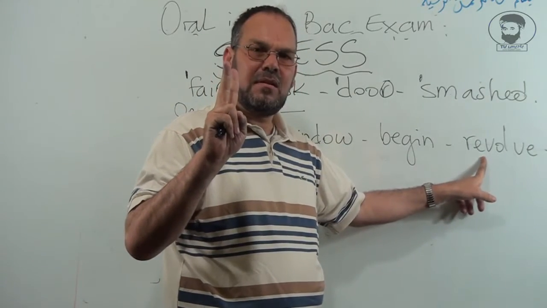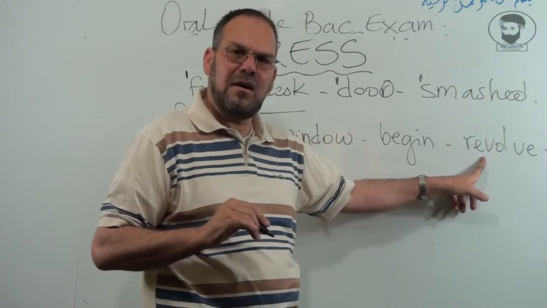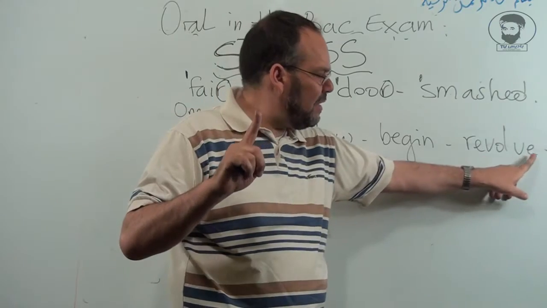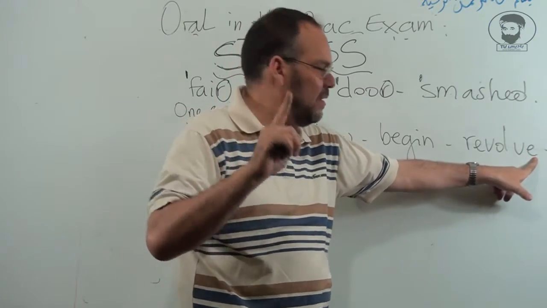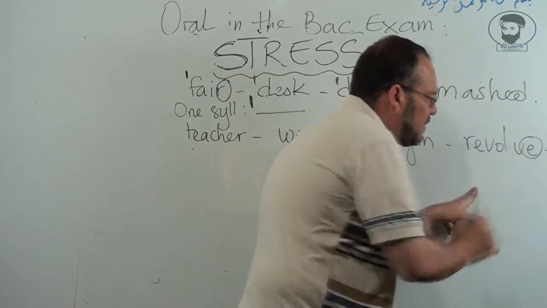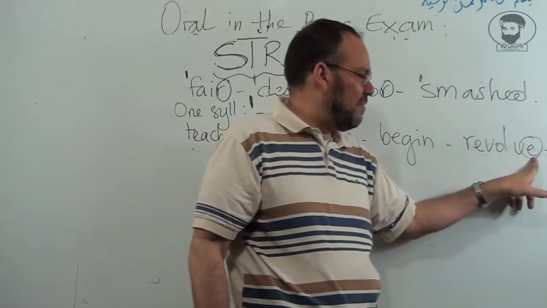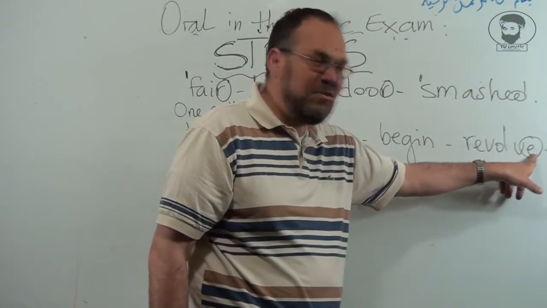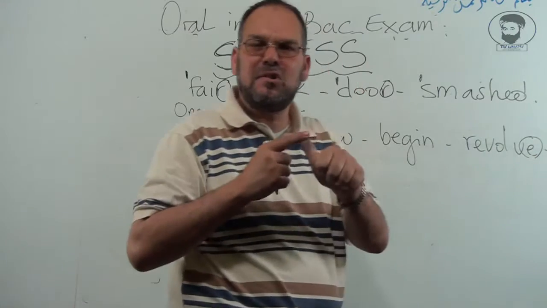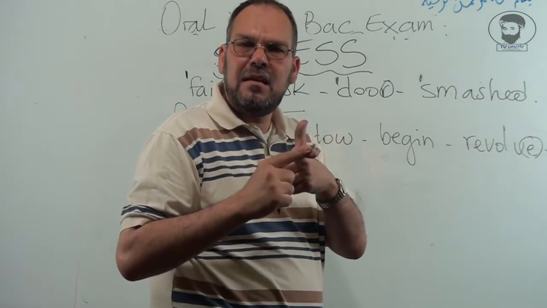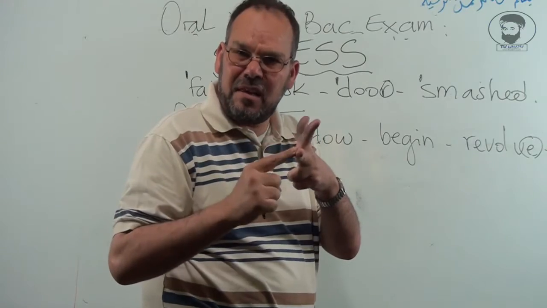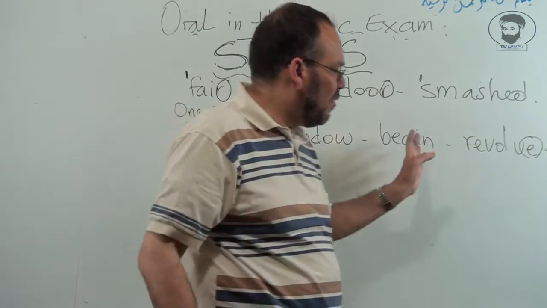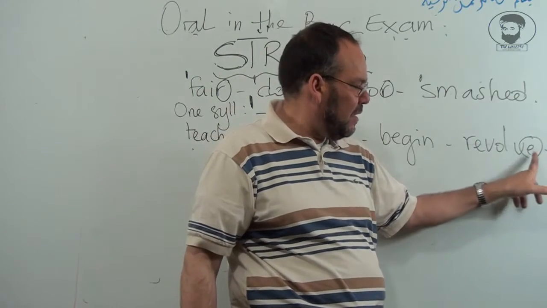Just to remember something about silent letters: all the final E in the word are silent. We say revolve. Apart from the words catastrophe, simile, apostrophe, where the final E is pronounced as E. But on all the words finishing with an E like this, it's silent.